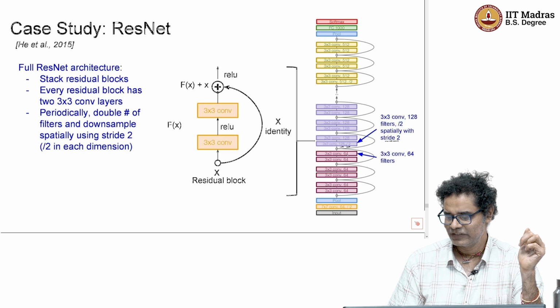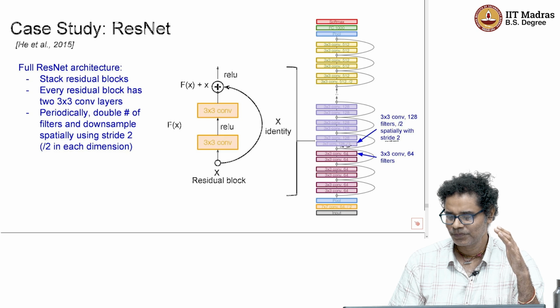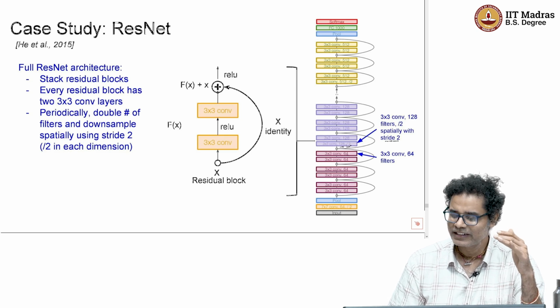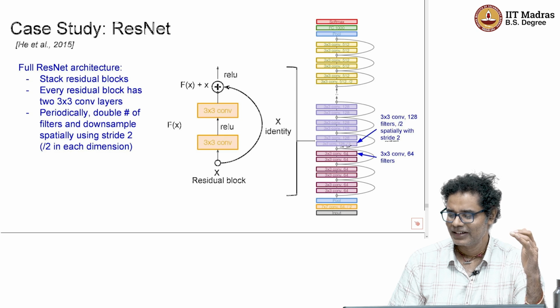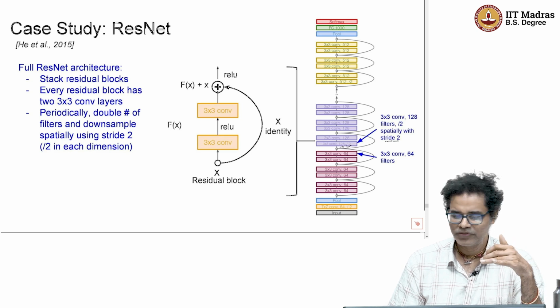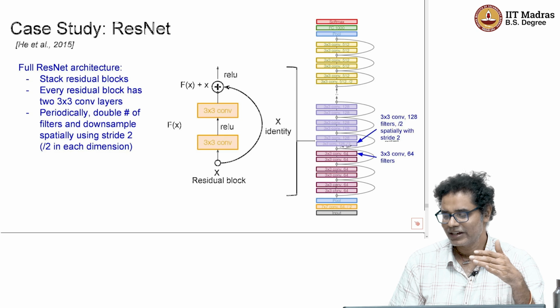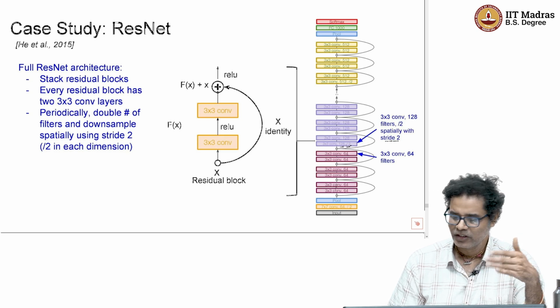Here the number of channels was 64. We reduce the spatial size by 2, along both dimensions, horizontal and vertical, of the image, but we increase the number of channels by twice. That is what is followed. For example, here all these are residual blocks. Here we reduce the size of the image by half but increase the channels by twice.